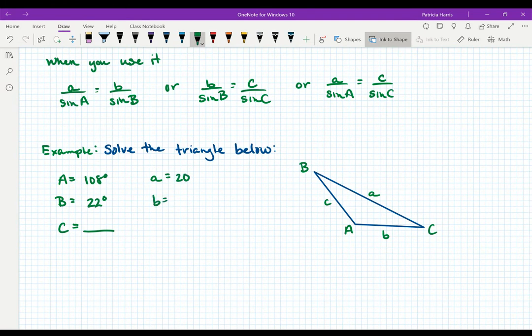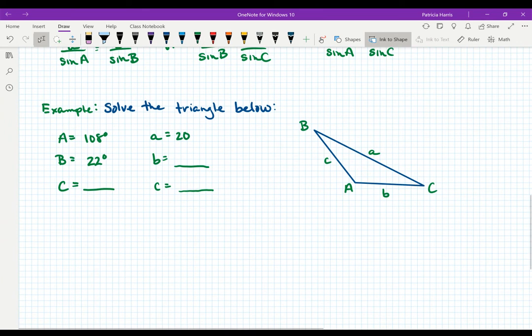We don't know side B, and we don't know side C. Okay, so since I know 2 out of the 3 angles, the first thing I'm going to do is use triangle sum to find my missing side, or excuse me, angle.